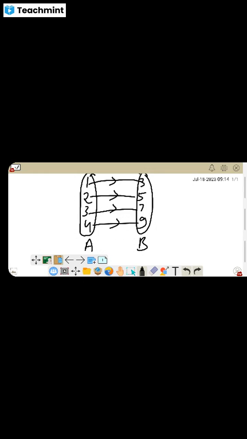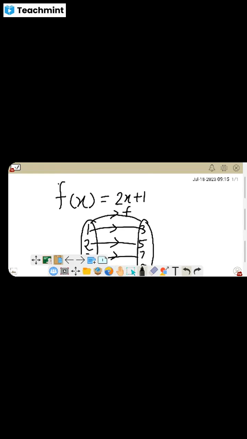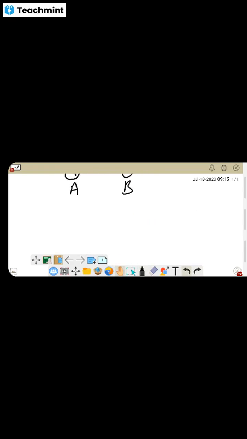These elements are input and these are output. The value of x is input, and this is output we have in set B. Let us understand when they are not a function.